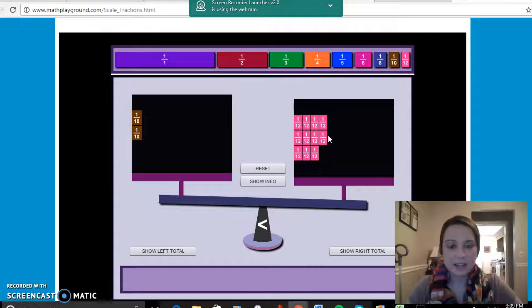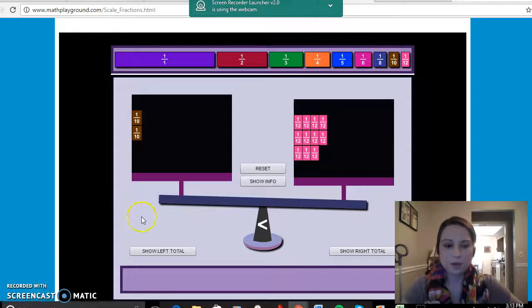As we were adding the 12ths onto the other side of the scale, you could see how the tenths were going up and the 12ths were going down. You also see they are using the signs that we have been using. This scale shows us that 2/10 is less than 11/12.